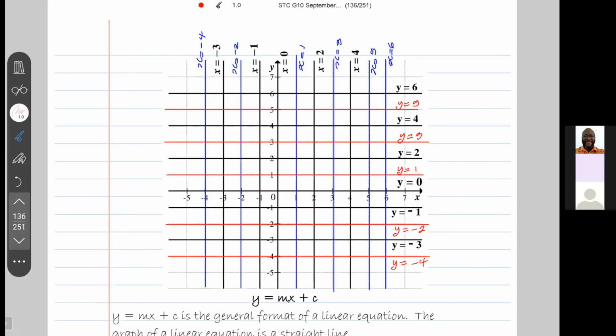The x-axis is the line y is equal to what? 0. Guys, the x-axis is a special name that is given to the line y is equal to 0. Now, guys, you can use this knowledge also to help you determine the coordinates of a point.